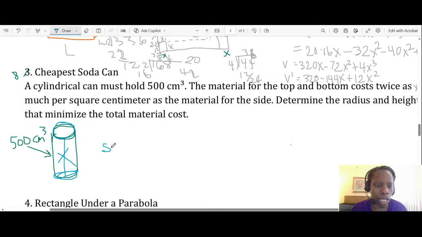So let's say the area of the side is going to be the height times the perimeter. So the circumference, the circumference is 2 pi r, right? Circumference equals 2 pi r. So the area of the side material is going to be the circumference times the height.